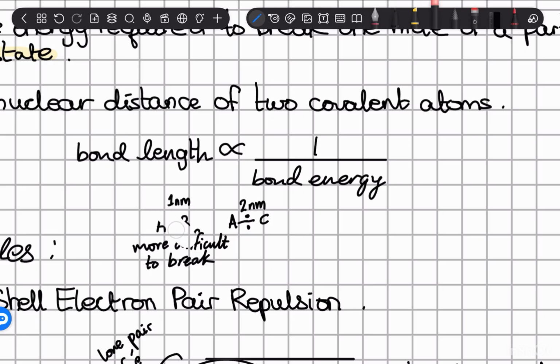Often you'll get bond data in questions and you'll be asked things such as which molecule would have a higher reactivity. Basically, the molecule that has a low bond energy has a very high reactivity because it doesn't take that much energy to break down that molecule.